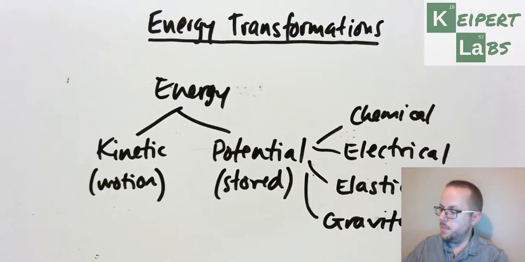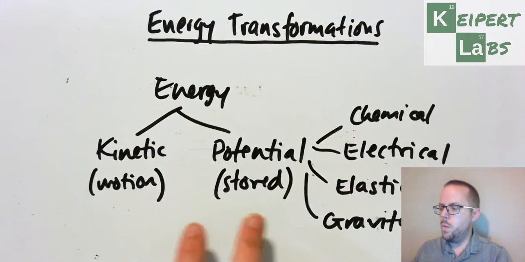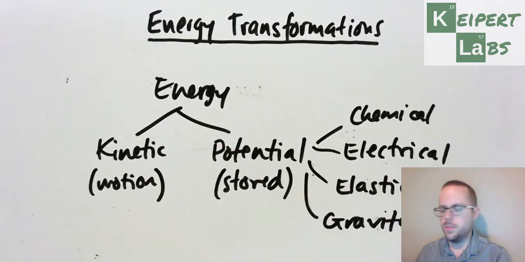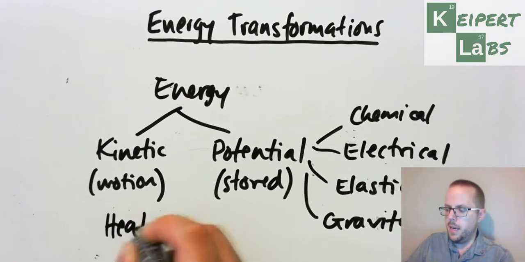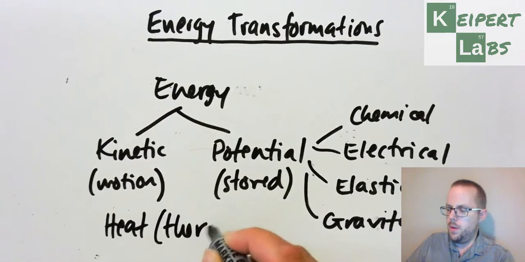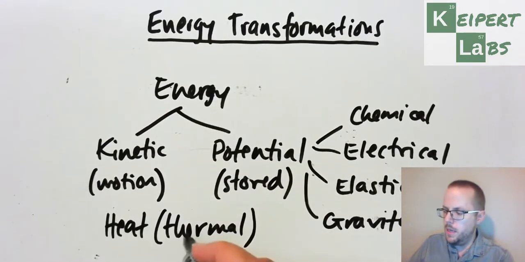There's other types as well that we could identify as forms of potential energy, where we consider that energy to be stored in something. We've come across all these different sorts of types. And then some of the other type names that we've talked about. So we talk about heat, what we as scientists would tend to prefer to call thermal.